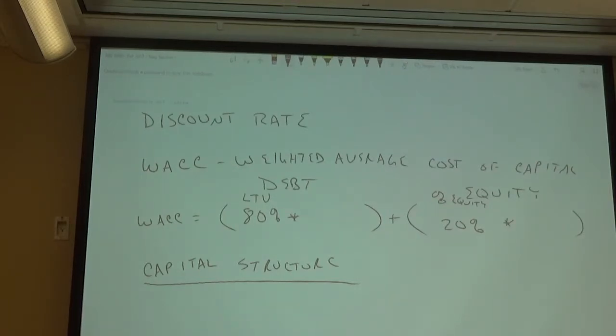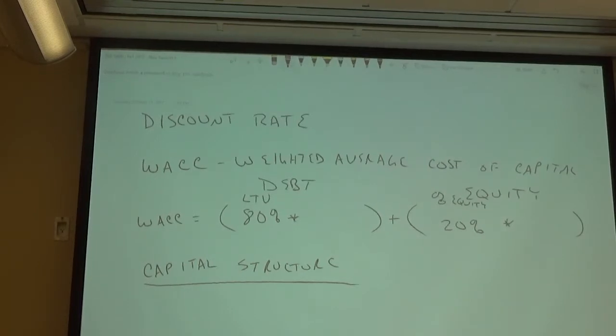My cost of debt and my cost of equity. Okay? So my cost of debt is, let's say, on an after-tax basis, my after-tax cost of debt might be 5%.